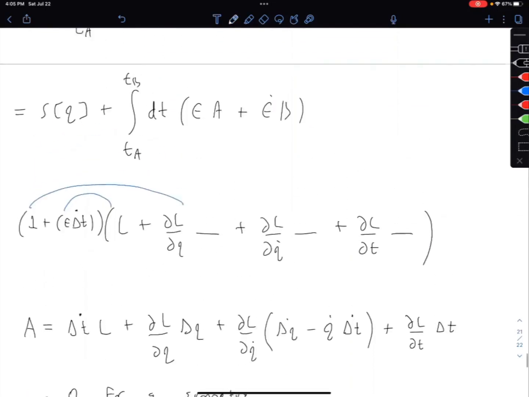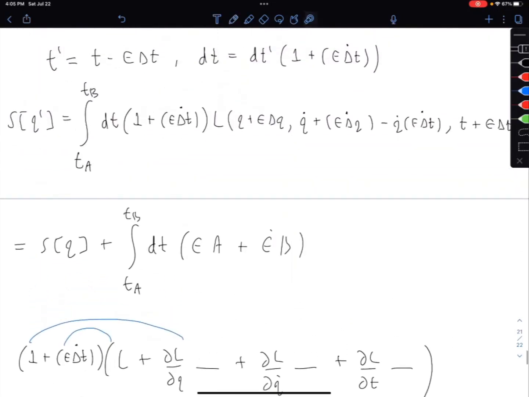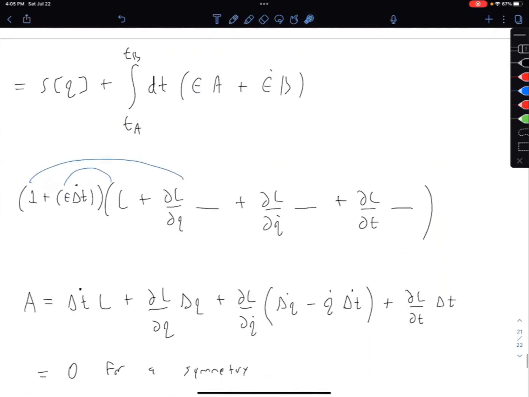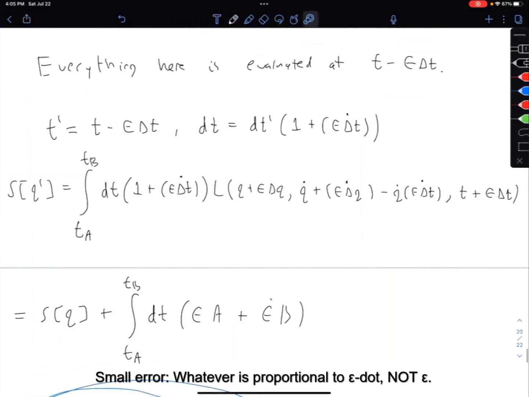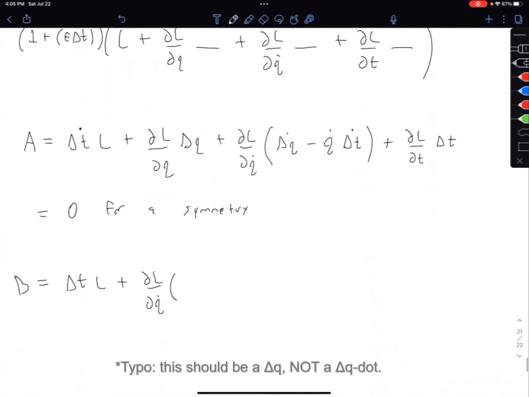And when I look here, I see that this does not have anything proportional to epsilon dot, so that's just 0. And then I have this term, which is going to be plus dL/dq dot times whatever is in here proportional to epsilon, and it's going to be delta q dot. That's the first term.